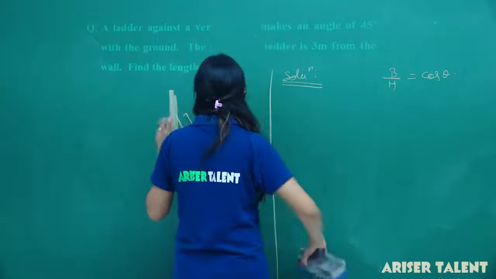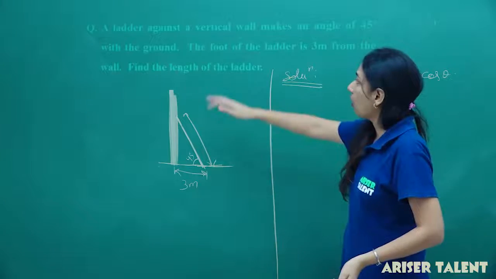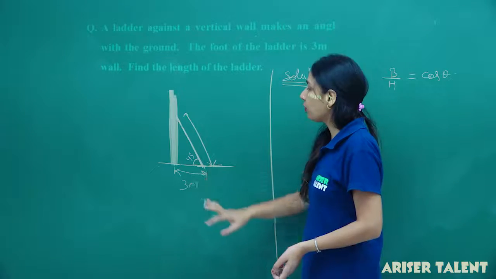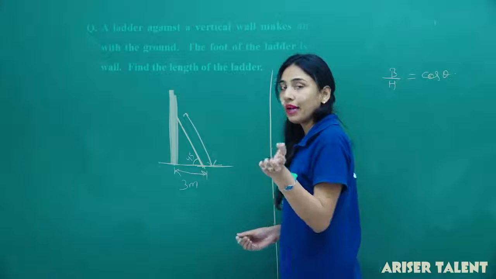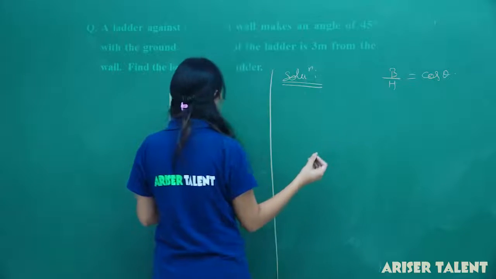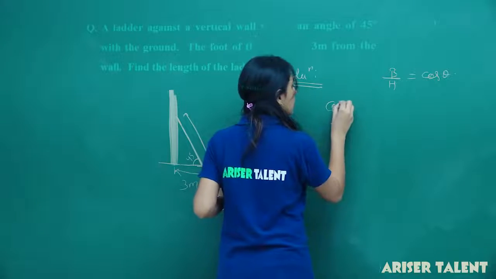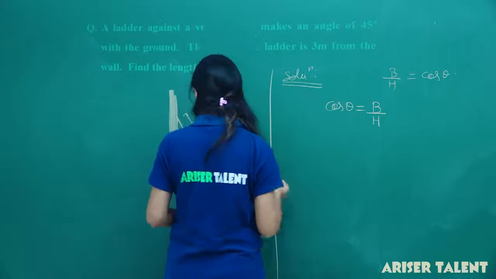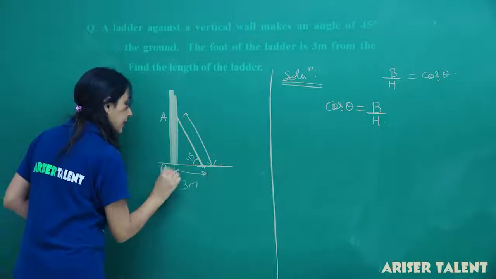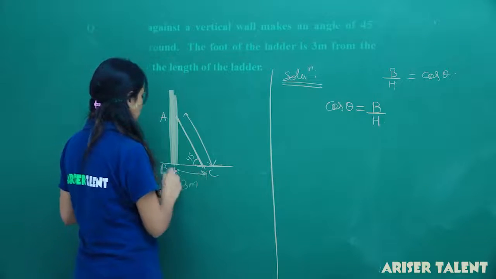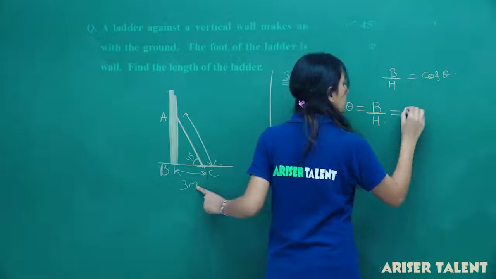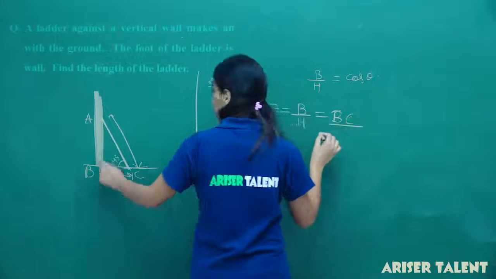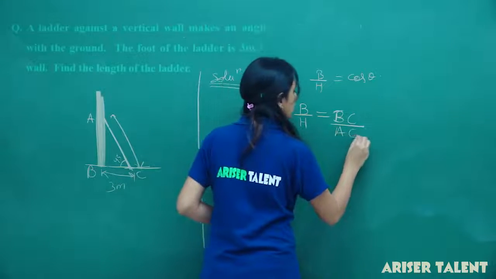Okay. So, we'll be writing that given all these things, angle of elevation 45 degree, the foot of ladder from wall is 3 meter. By trigonometric ratios, cos theta equals to B by H. Put it as A, B and C. Now, base is BC, right? And hypotenuse is AC.